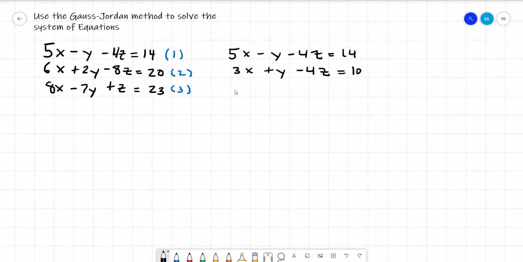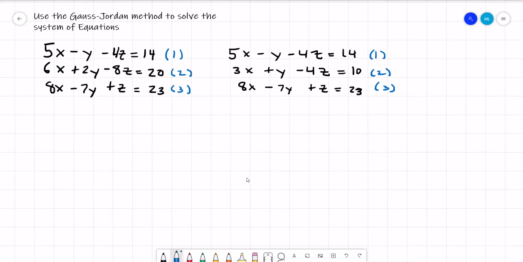We didn't really do much aside from dividing equation 2 by 2, so we still have what we call an equivalent system. Nothing's really going to change so far.